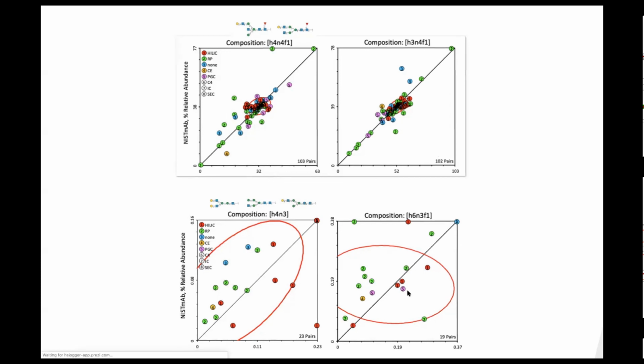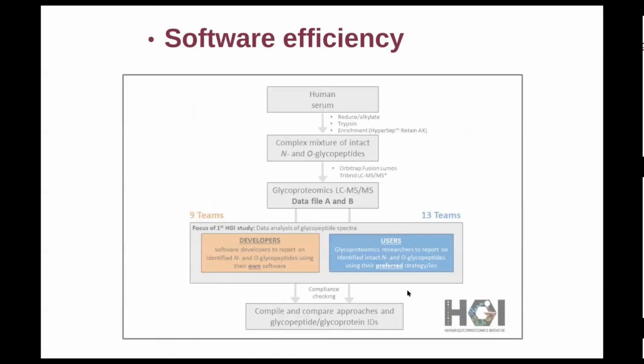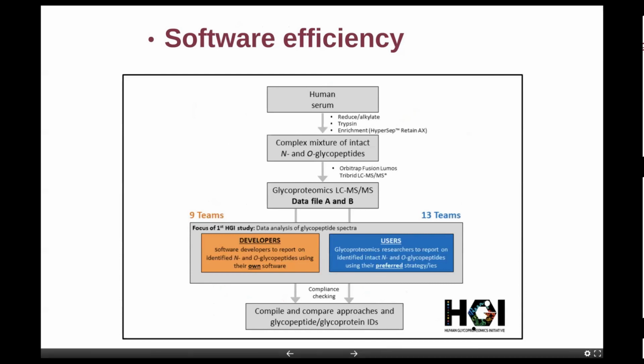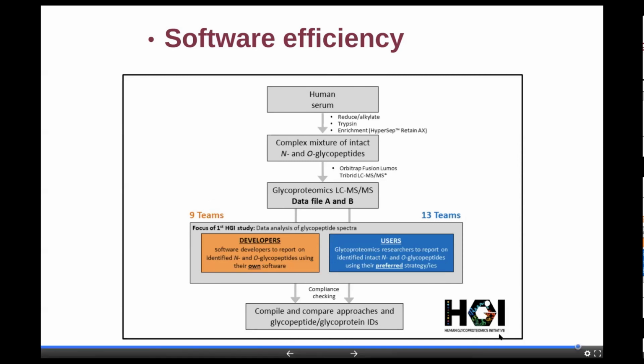Another challenge, which is software related, was launched last year during the HUPO by the Human Glycoproteins Initiative, and some human serum samples were analyzed by the organizers of the competition.